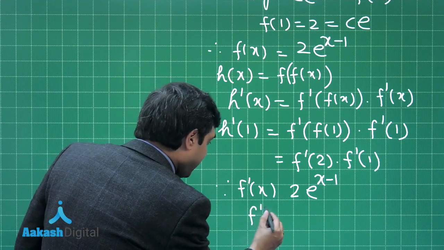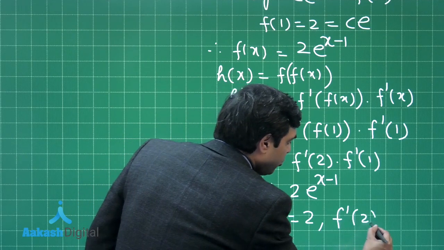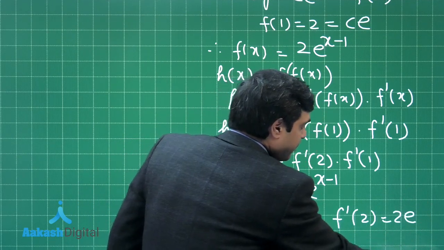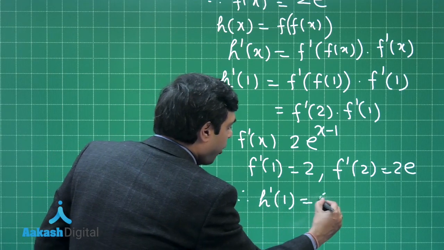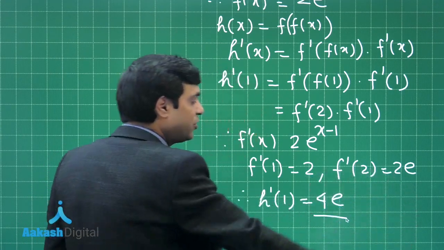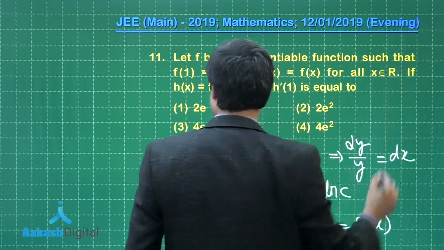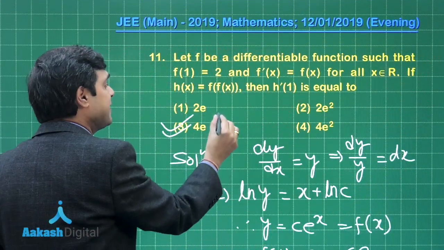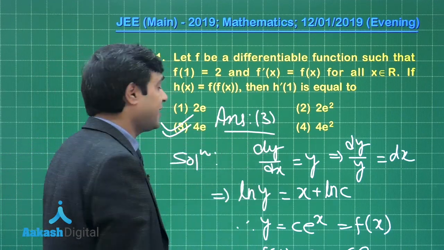So, f dash 1 is 2 and f dash 2 is 2e. Therefore, h dash 1 is obtained as the product of the two terms, that is 4e. Let's check from the given options. Correct answer for the question is option number 3. Let's mark and mention this as the correct answer.